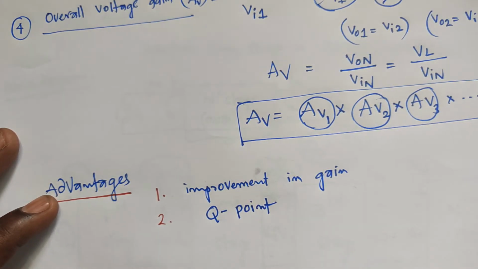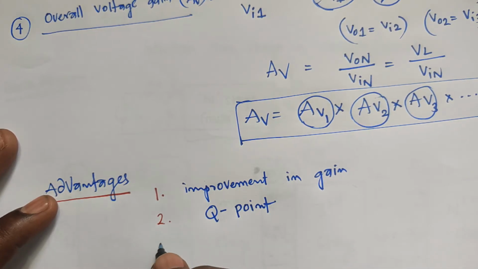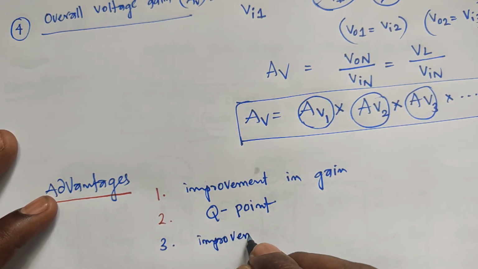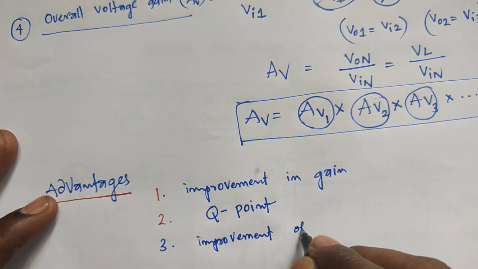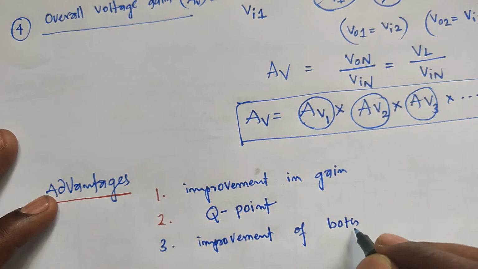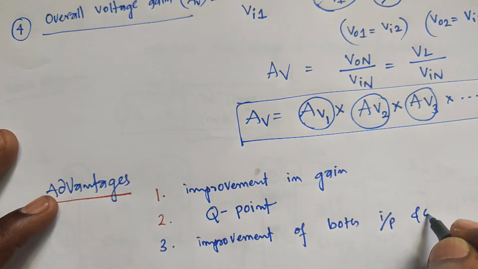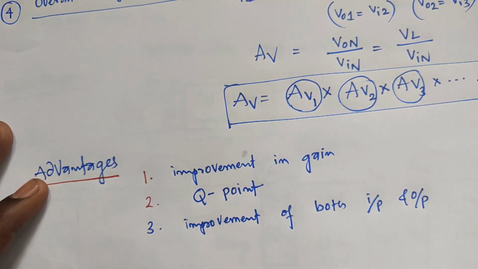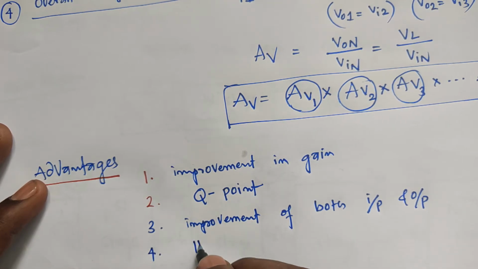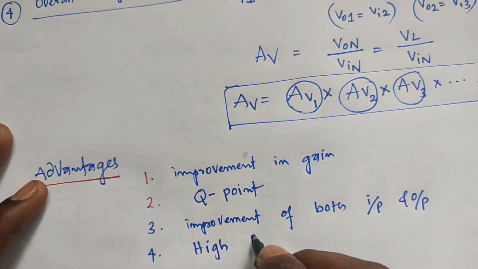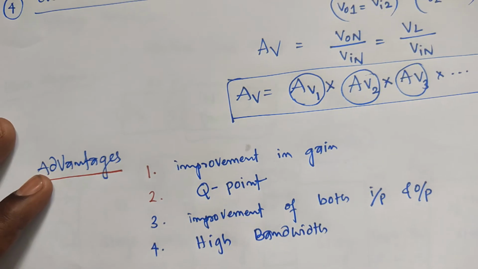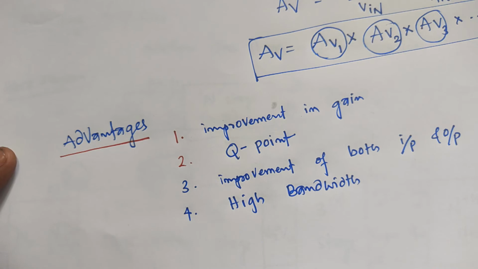Okay. Next one is you can improve both input and output amplification. That is improvement of both input and output. Next one is it has high bandwidth. These are the advantages.